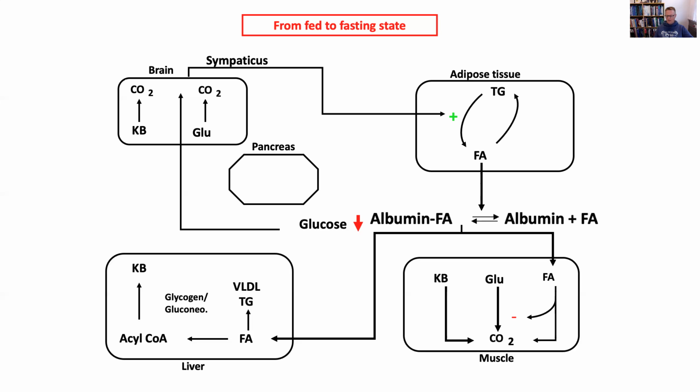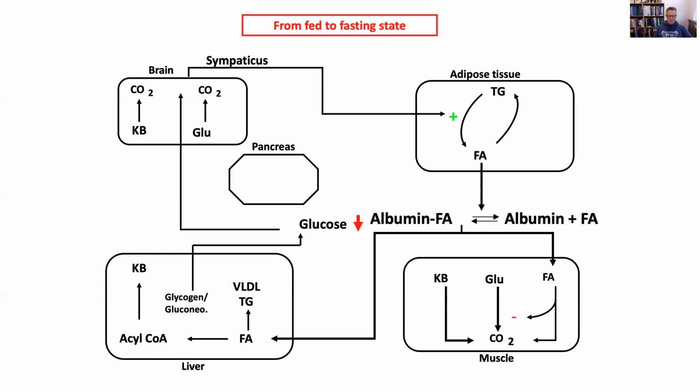Interestingly, there are metabolites coming from the degradation of fatty acids that actually inhibit the oxidation of glucose. So simply by increasing the fatty acid concentration in the circulation will actually result in inhibition of glucose oxidation in the muscle.